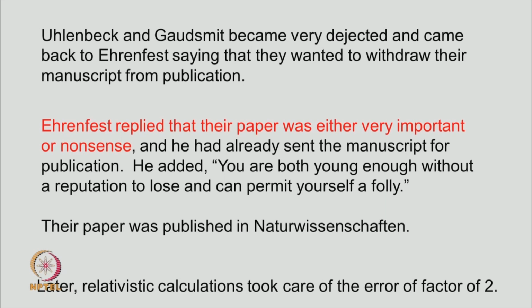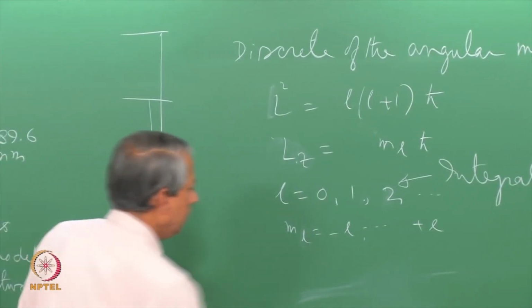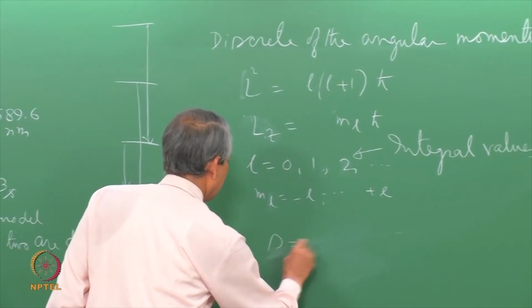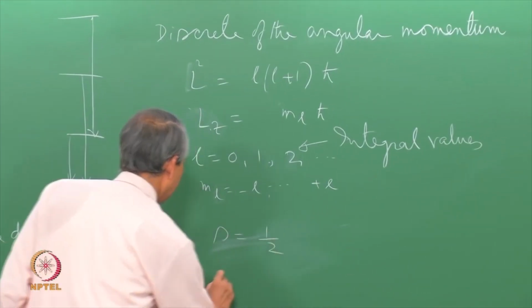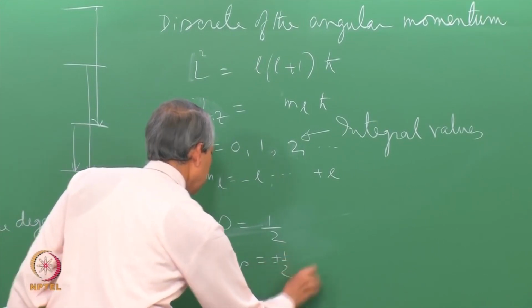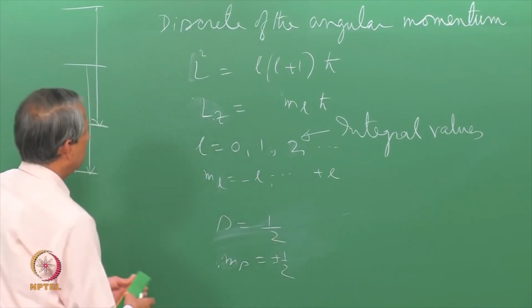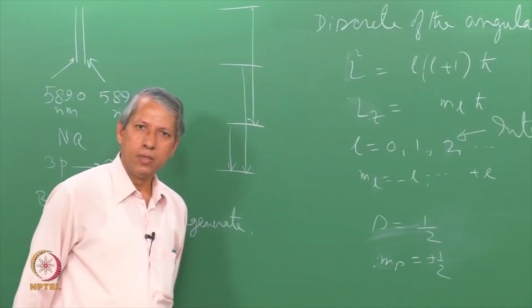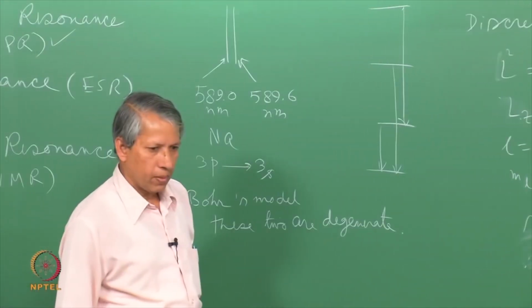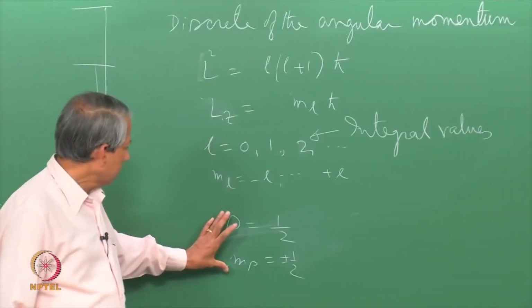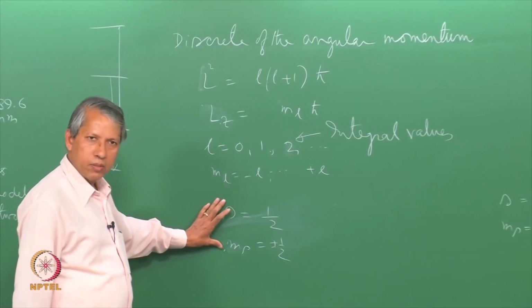Now, angular momentum is not only integral, angular momentum can also be half integral, that is S equal to half, m_s equal to plus minus half is also possible here. So, from integral to non-integral, that is a very drastic difference. Therefore, electrons do have a magnetic moment which is arising because of this motion.